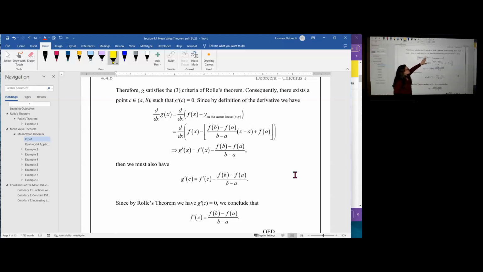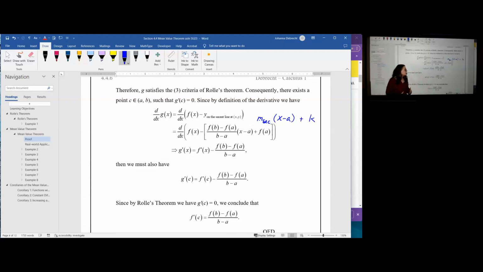This gives us the derivative of a difference, which we know is the difference of the derivatives. The derivative of f of x is f prime of x. When we look at the second part, realize that what we have here is something like the slope of the secant line, which is a constant, times x minus a, plus f of a, which is also a constant.